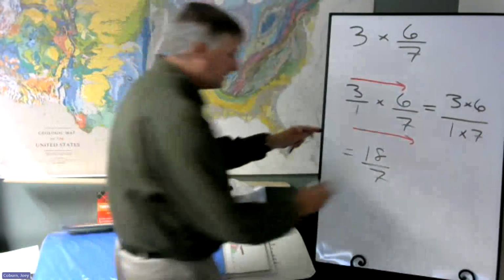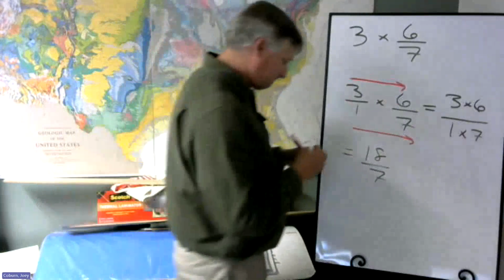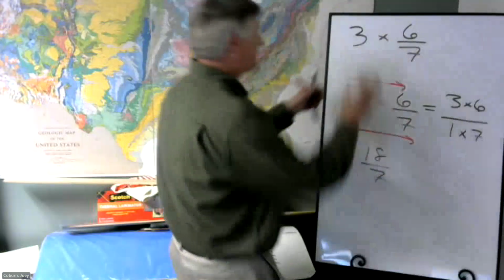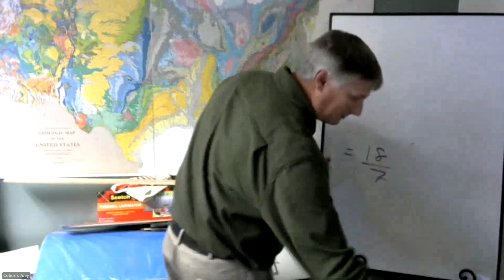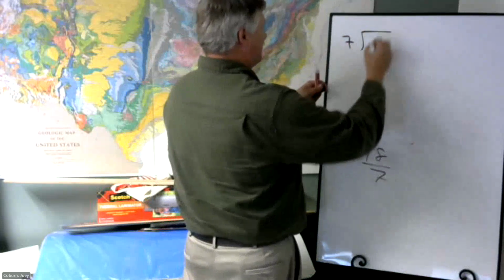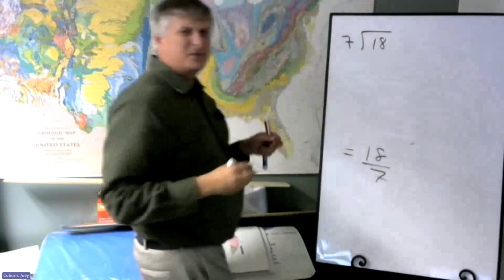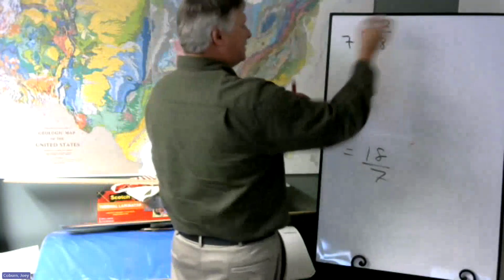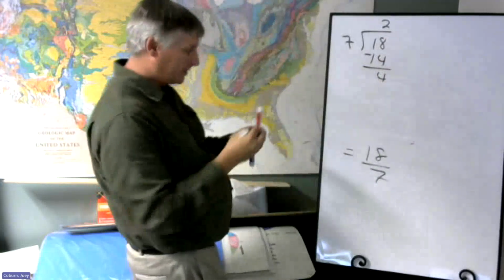Now we perform the division, because this is an improper fraction. Let's make it into a mixed number. So 7 goes into 18 at most 2 times. 2 times 7 is 14. Subtract, it's 4.